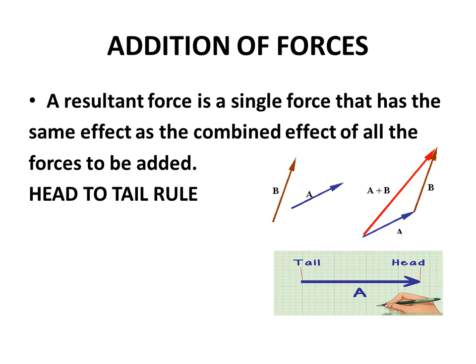Then draw the next vector B such that its tail coincides with the head of the first vector A as shown in the figure. Similarly, draw the next vector for the third force, if any, with its tail coinciding with the head of the previous vector, and so on.